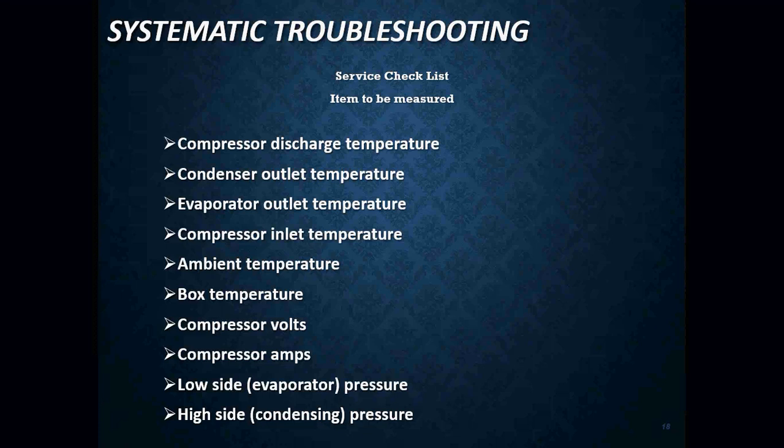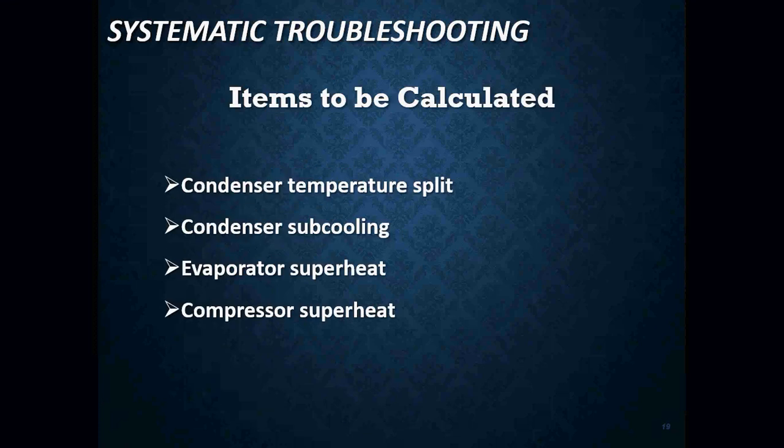Items that we need to be calculating, okay, is your condenser temperature split. Okay? What's the air going across my condenser coil? My condenser subcooling, my evaporator superheat, my compressor superheat. Calculated operating conditions are only accurate if measurements used in the calculations are obtained using obviously good quality equipment.